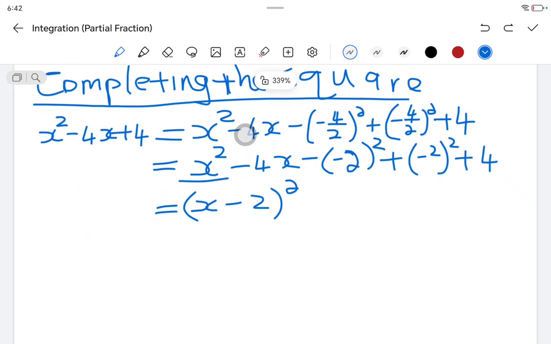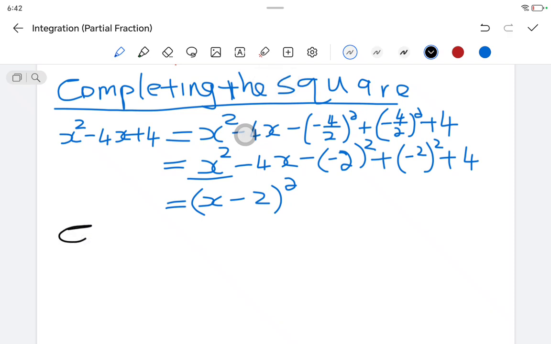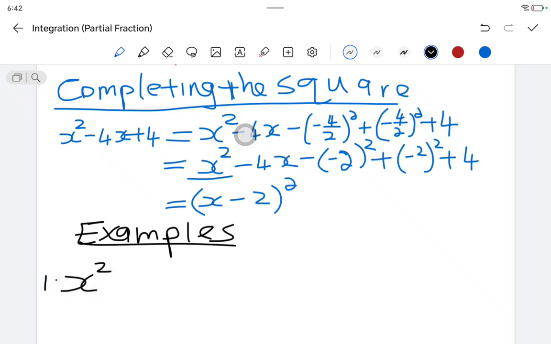So for those who don't understand how to complete the square, let's look at these examples. I'm just going to pick a random example. For example, let's say maybe we have x squared plus 4x minus 5.